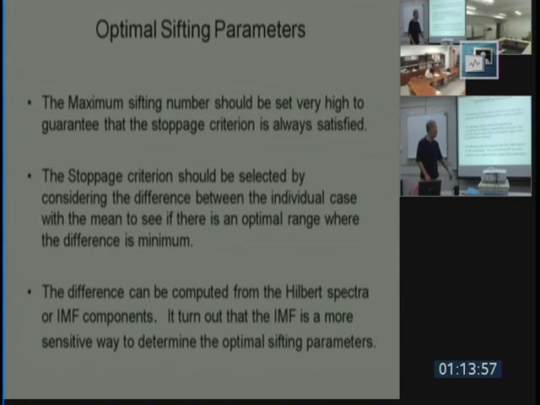But if you select a stoppage criteria that is very stringent, and you set the maximum number low, then that criteria is never reached. It just stops at 10. Like in our case, when we set the maximum number equal to 10, it did not reach the criterion. It just stopped at 10. So that is basically the 10 times sifting result that I presented.